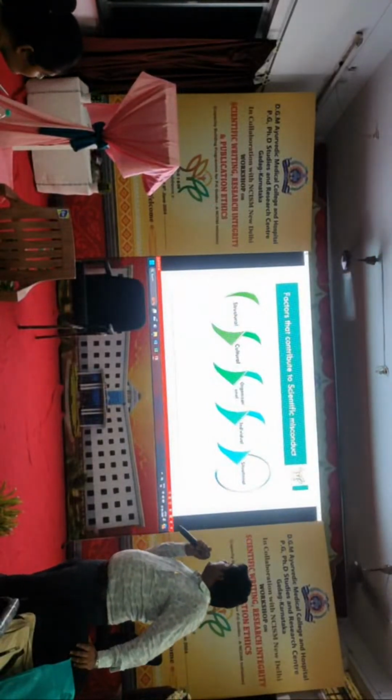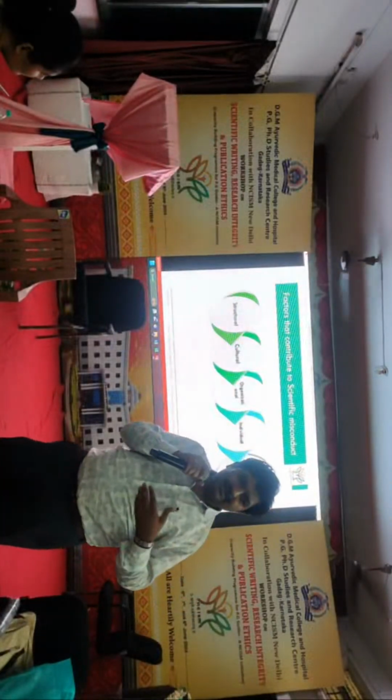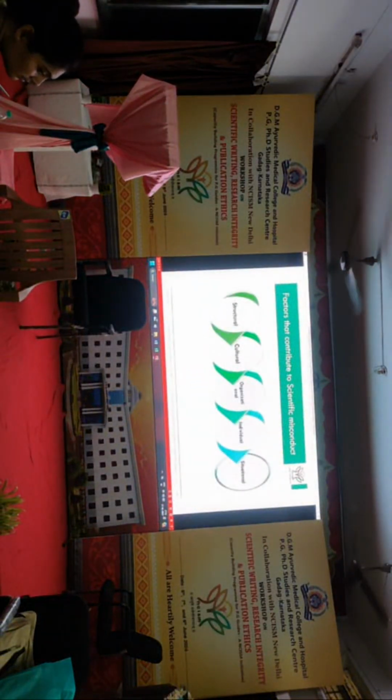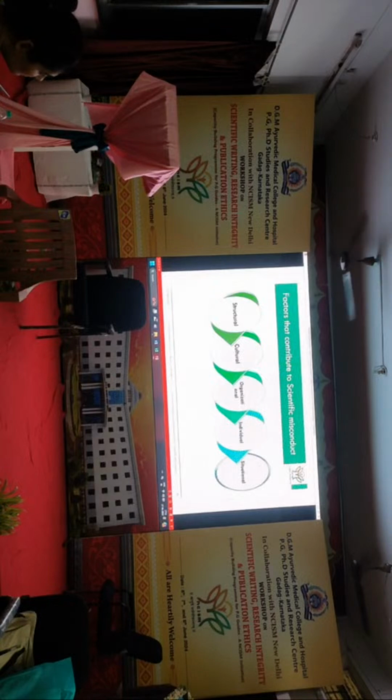Factors that contribute to scientific misconduct. Why does misconduct happen? There are some structural factors, some organizational factors, some cultural factors. Your organization or your institution has a rule that you must compulsorily write 2 articles.